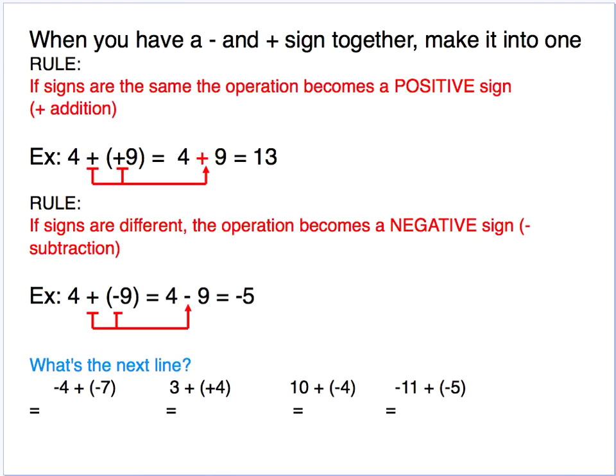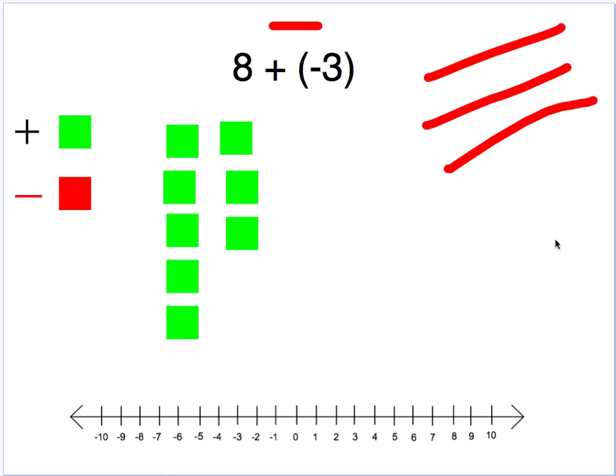Another way to look at this is with blocks. So if I had 8 plus -3, green boxes or squares could be my positive numbers, and red could be my negative. So I already have 8 right here, and if I'm going to add 3 negative ones, I'm going to pull over 3 negative ones to my mat, and what you would see is that we have null pairs, and that's when you have a +1 and a -1.